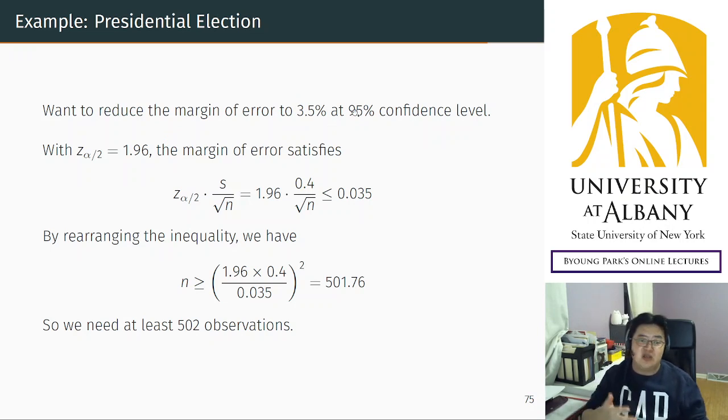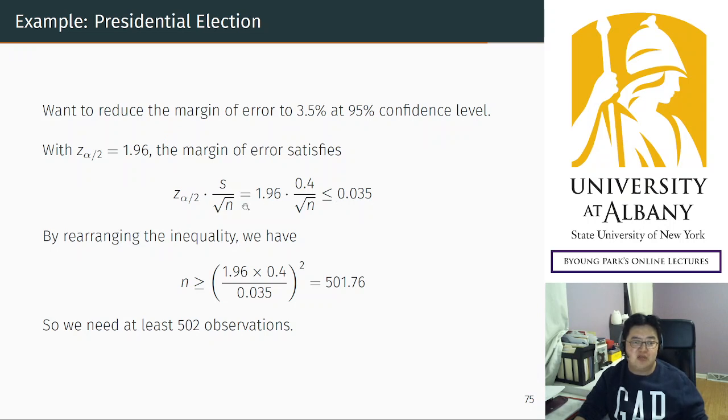Then you can calculate the required sample size to have this without changing the confidence level. As you see, the z value does not change, still 1.96. The standard deviation does not change, 0.4, but the sample size should change. Instead, this should be smaller than the desired marginal error, 0.035.